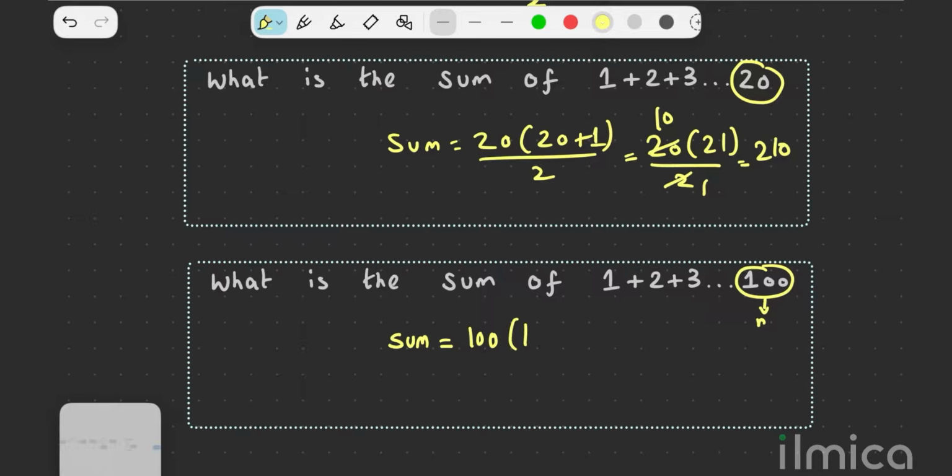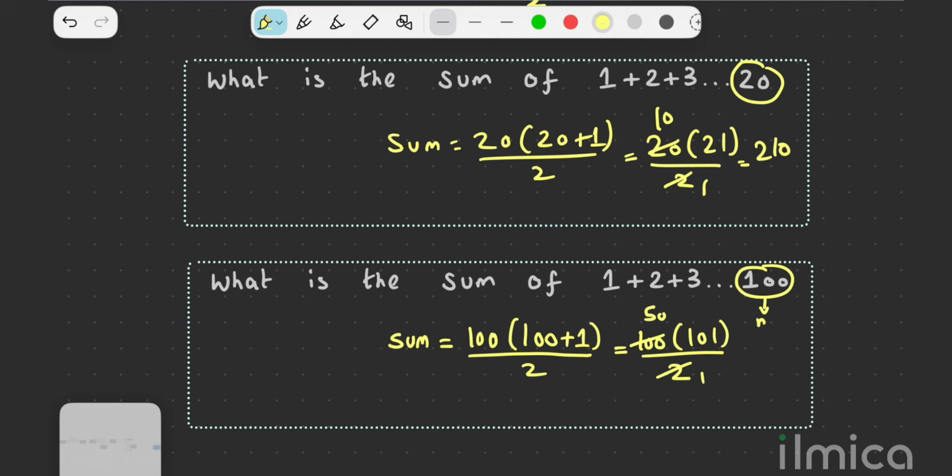So 100 times (100 plus 1) divided by 2, which as a result, is going to be 100 times 101 divided by 2. We simplify that, we get 50.